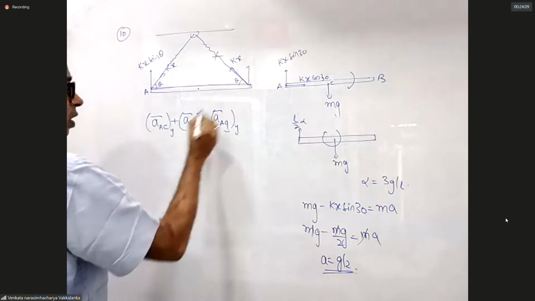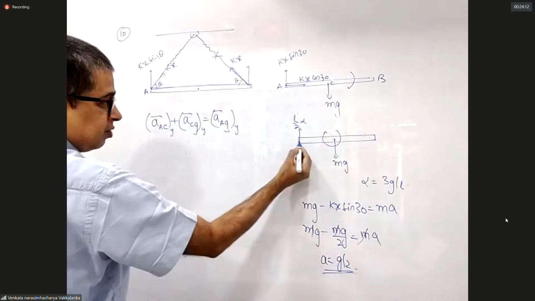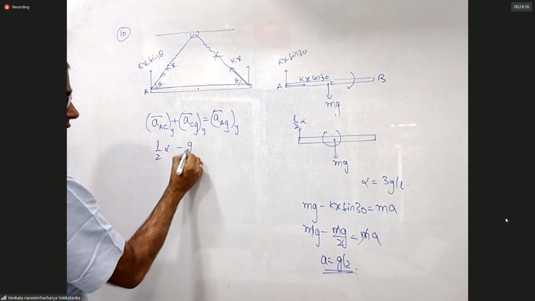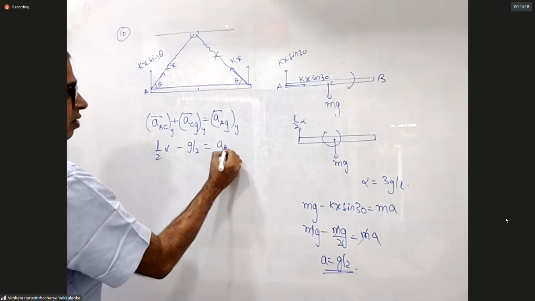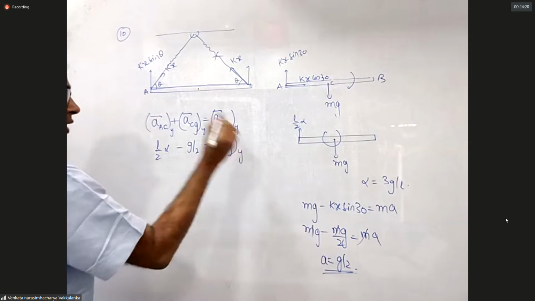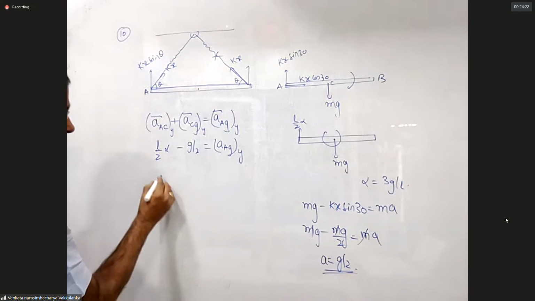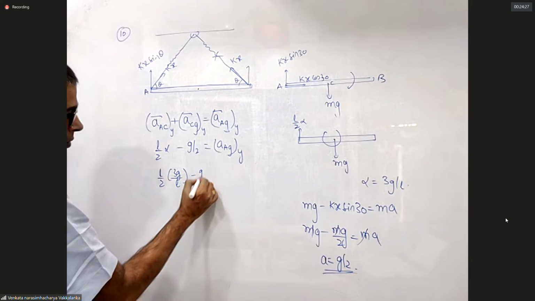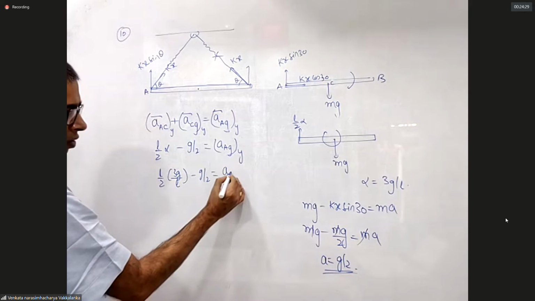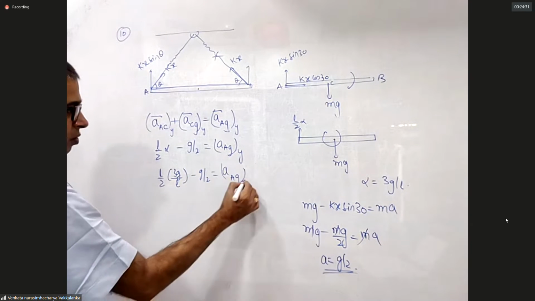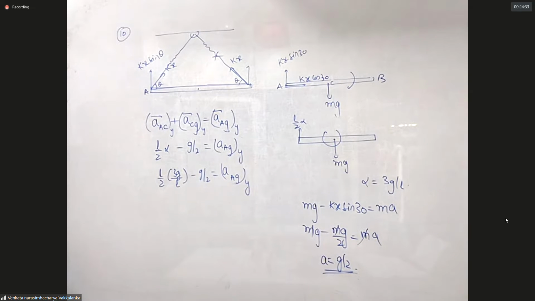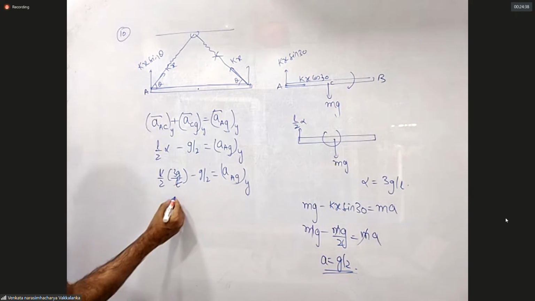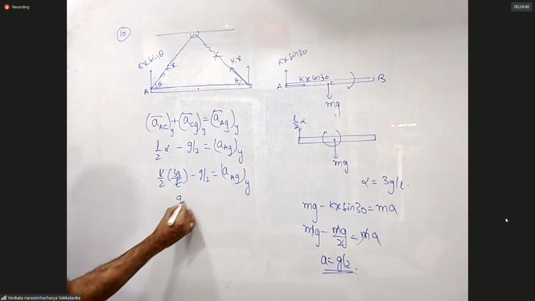Acceleration of A with respect to center of mass in the upward direction, L by 2 alpha, minus g by 2, is acceleration of A with respect to the ground along y. Alpha is how much? 3g by L. So 3g by 2 minus g by 2.